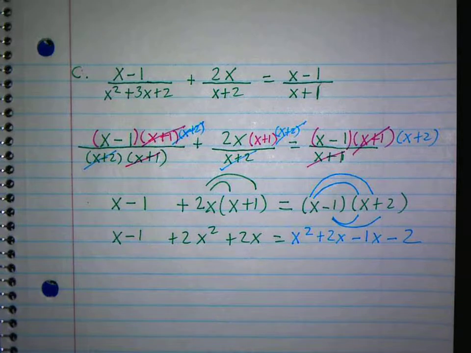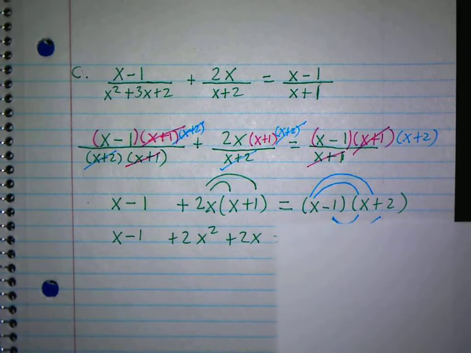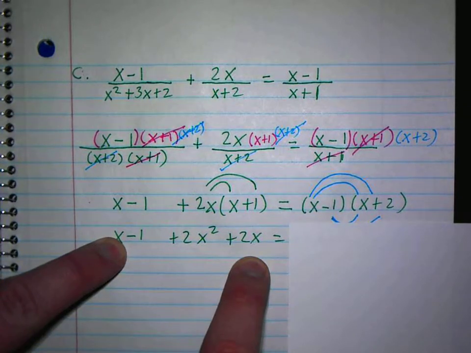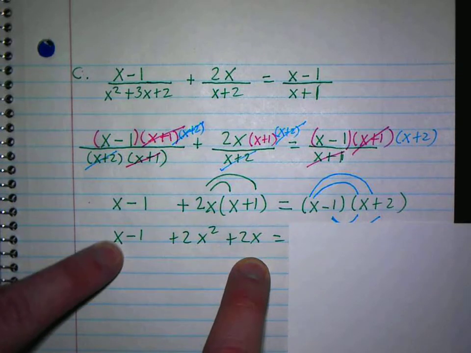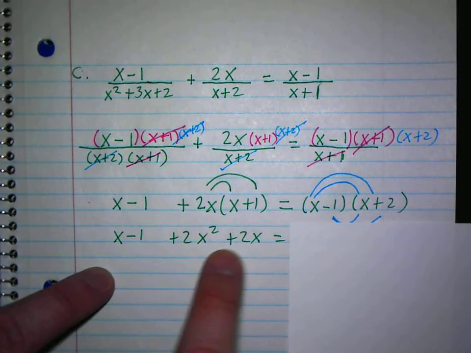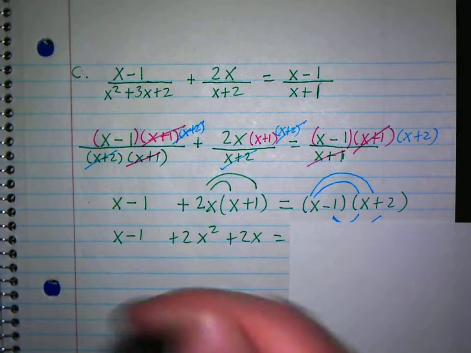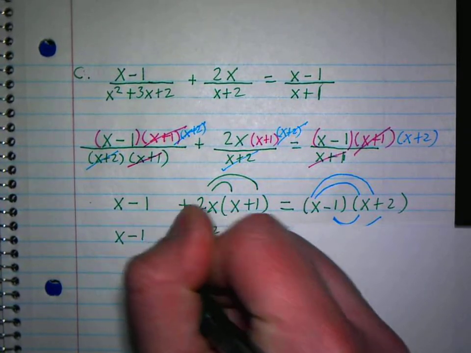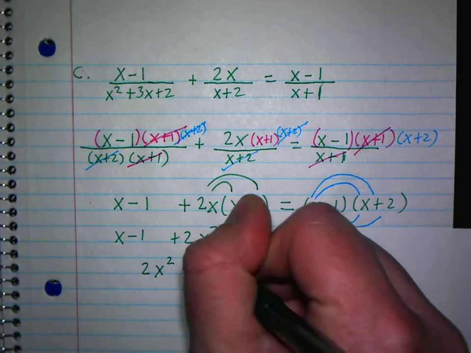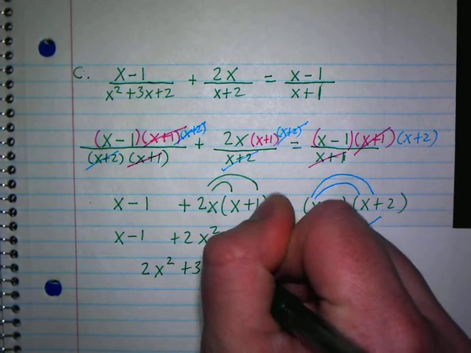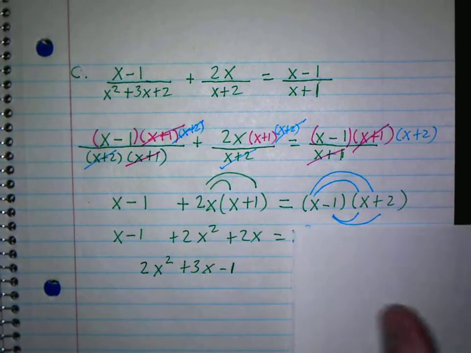Now let's look at the left side. Is there anything that combines over here on this side of the equal sign? 2x and x, right? So if I put it in the standard form, it'd be 2x squared plus 3x minus 1. x plus 2x is 3x.